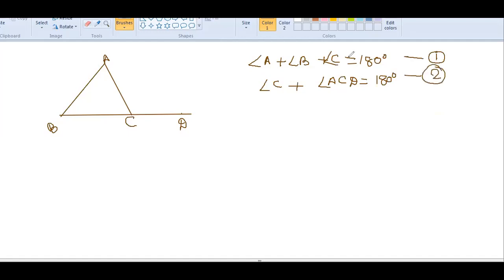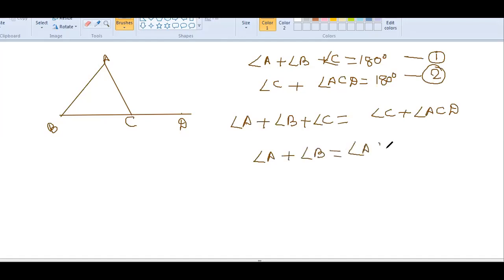Both are 180 degrees, so angle A plus angle B plus angle C equals angle C plus angle ACD. Angle C gets cancelled on both sides, so angle A plus angle B equals angle ACD, or angle ACD equals angle A plus angle B.